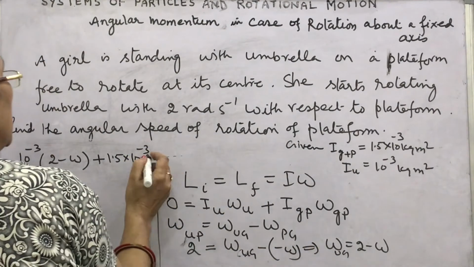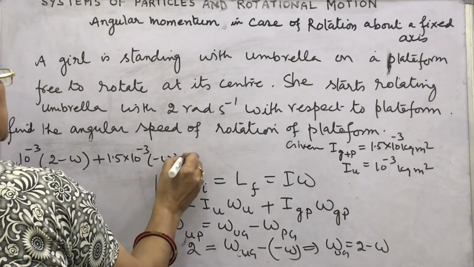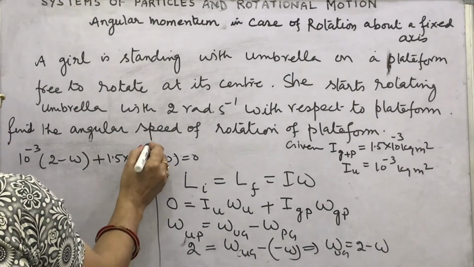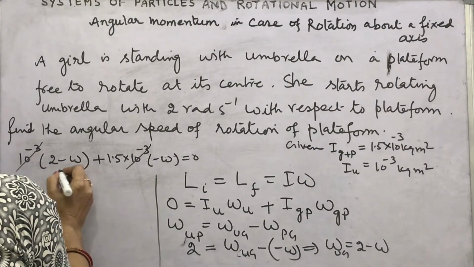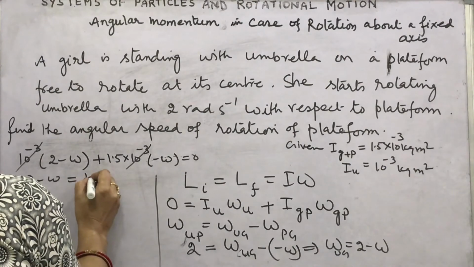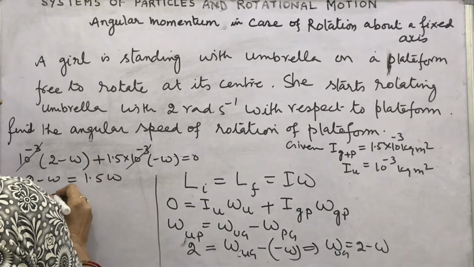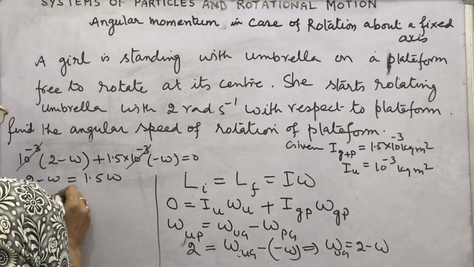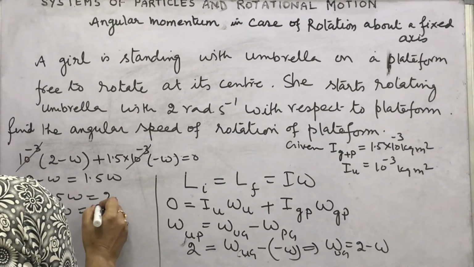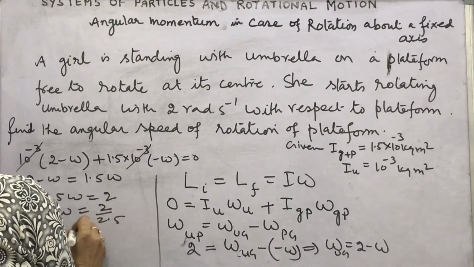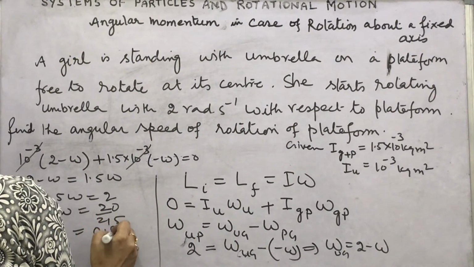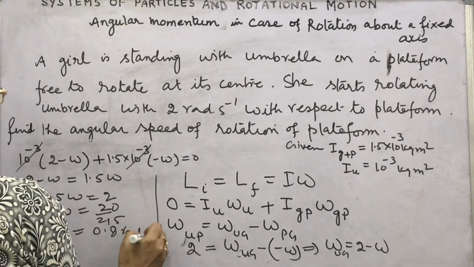This is minus omega. This will be equal to 0. What will you get here? This 10 to the power minus 3 will be cancelled. This will be 2 minus omega equal to 1.5 omega. So from this, 2.5 omega equal to 2. So omega will be 2 upon 2.5, that is 0.8 radian per second.